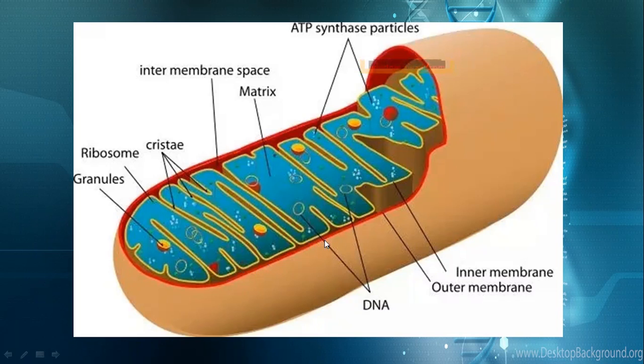The DNA molecule is in the matrix, and the matrix is the inner space of the mitochondria, colored blue.